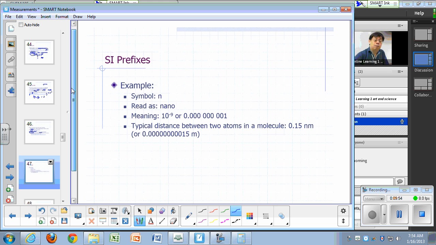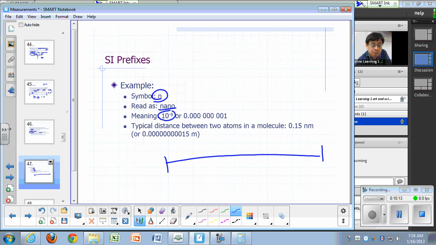The prefix n, lowercase n, is officially defined in the SI system as nano, which means 10 to the negative 9. That means 1/1 billion. If you imagine you have a meter stick and you divide that into a billion parts, each segment would be 1 nanometer.